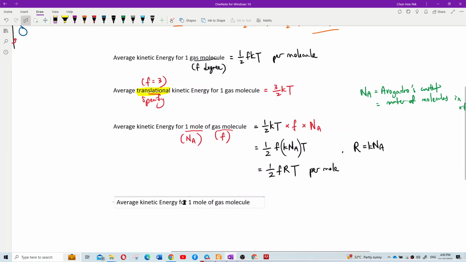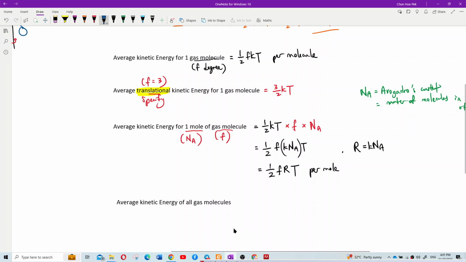Okay. What is the average kinetic energy for, let's say, N gas molecules? Can you find the average kinetic energy for all gas molecules?